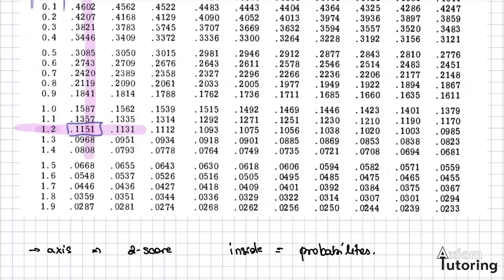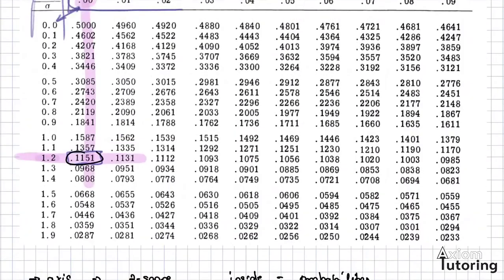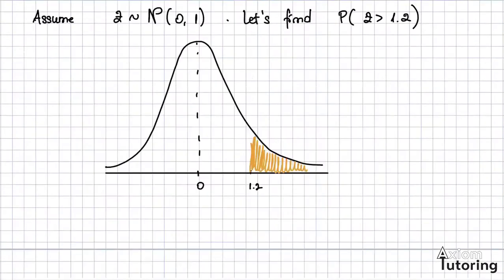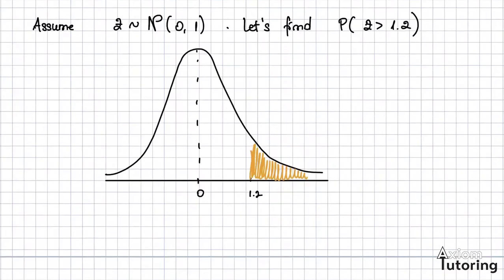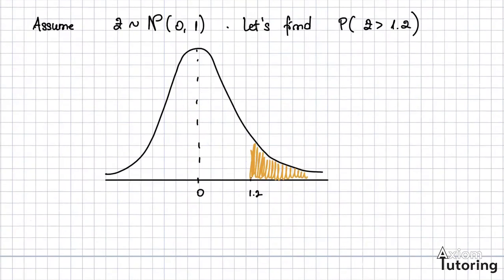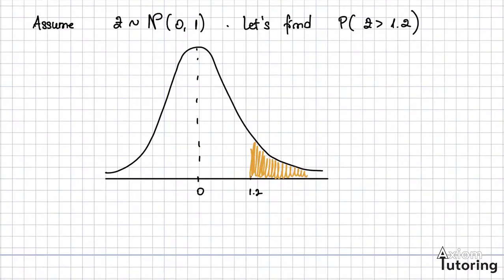If you look at this number, it's supposed to tell you 11.51%. So if we go back to our graph, it's very obvious something is not right in here, because it's impossible that this area is smaller than the orange area. On the contrary, it actually seems like it's the opposite. So why is this information inverted?